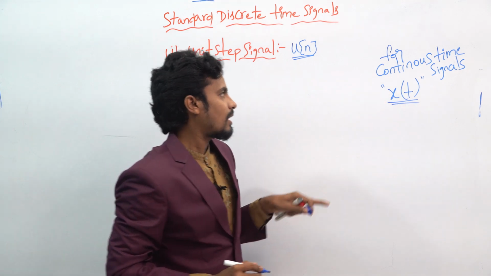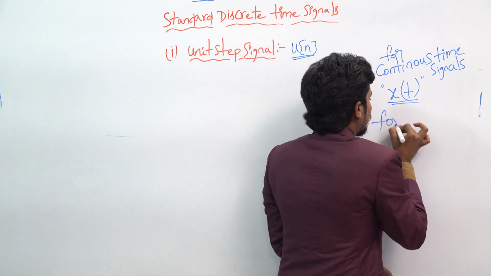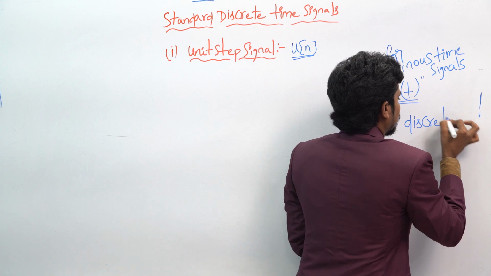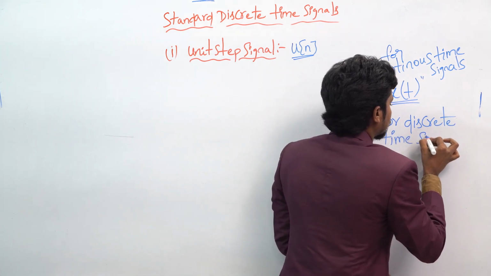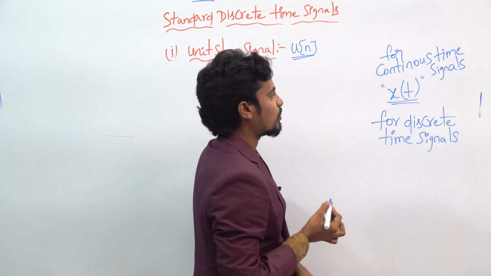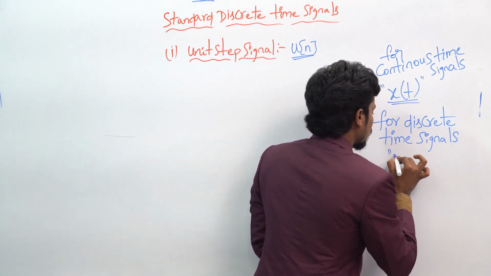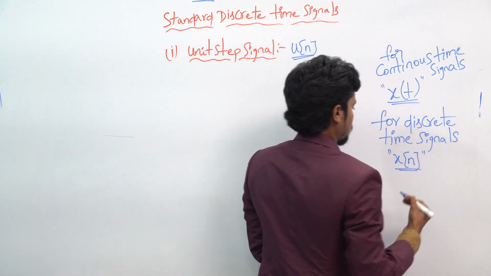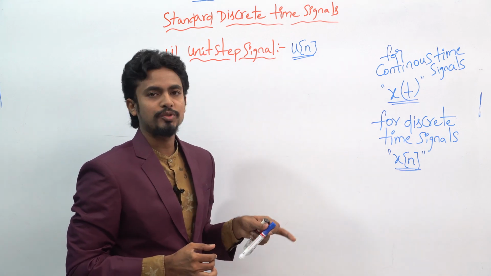And for discrete time signals, the representation is x of n. These two things you have to remember.